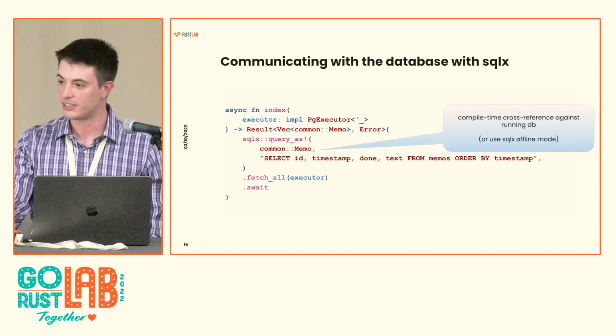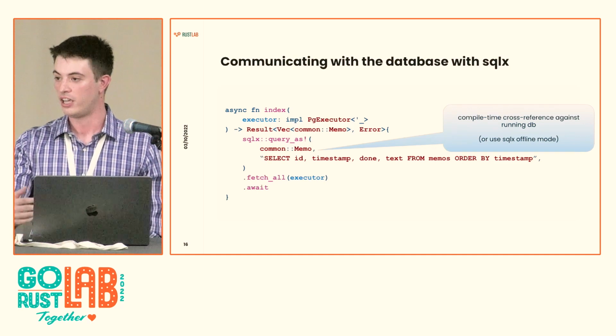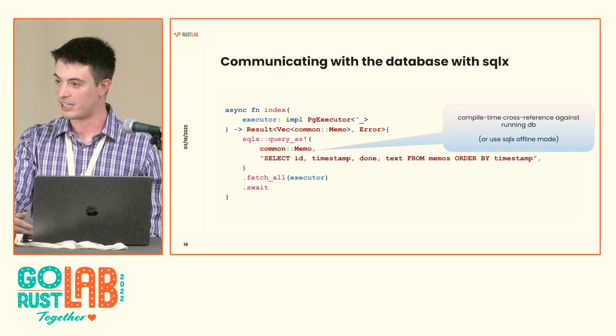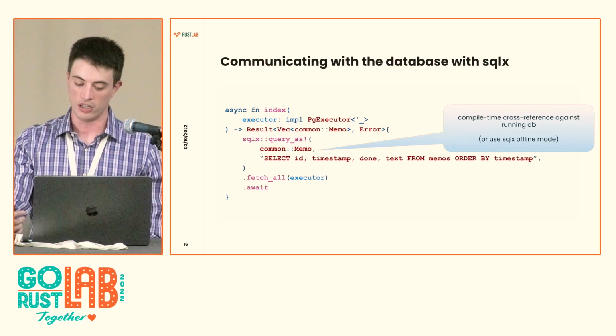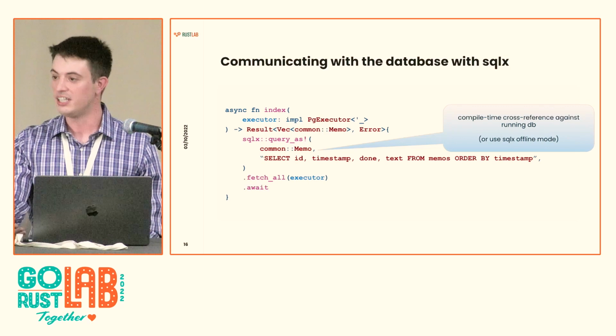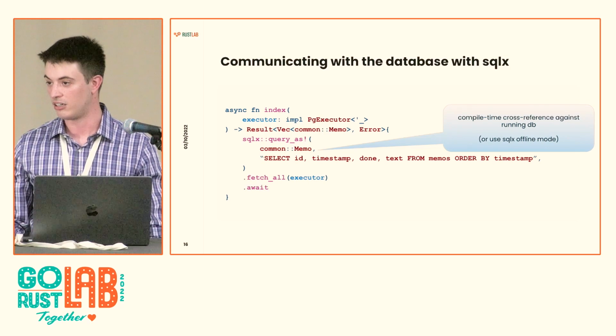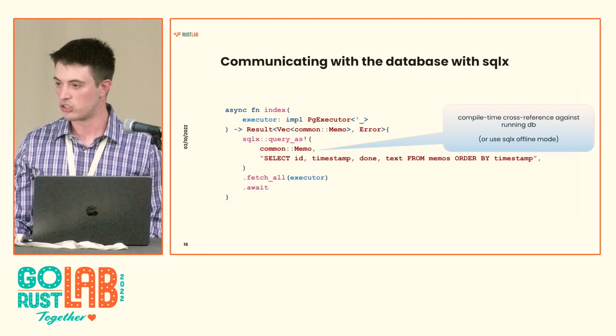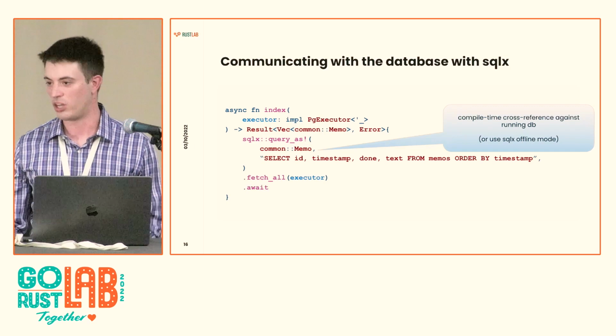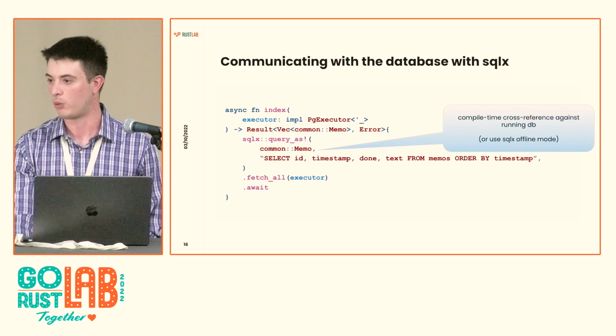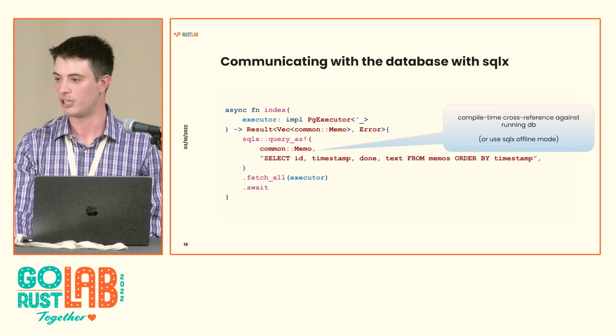Because you have a running database, you try to execute stuff, and you will have a failure at compile time rather than at runtime. So this is definitely needed. But to use it, you need either the running database or offline mode. The location of the database could have been set at runtime. That would not have been a problem, but it was just simpler to do it like that.